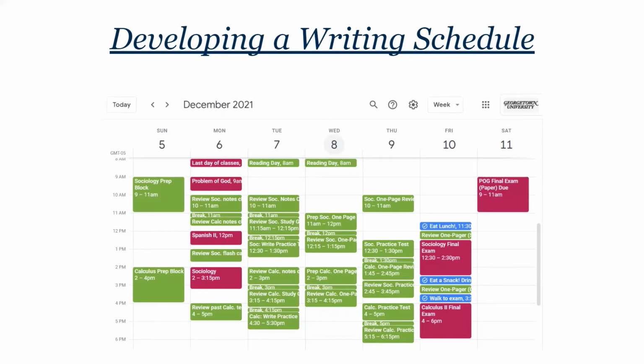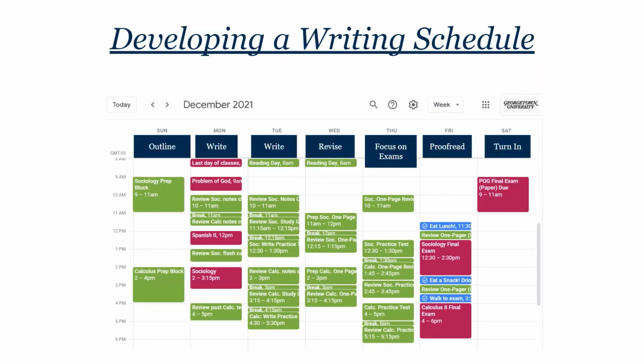So I'm going to start by thinking about this week in a big picture sense. Which steps can I do on which days? I think the first thing I start with here is actually looking at Thursday, Friday.